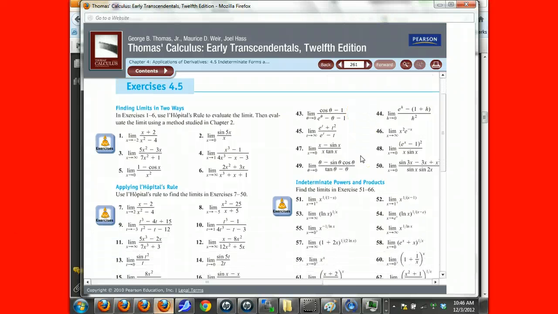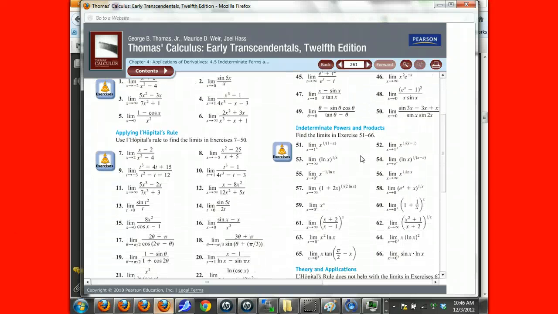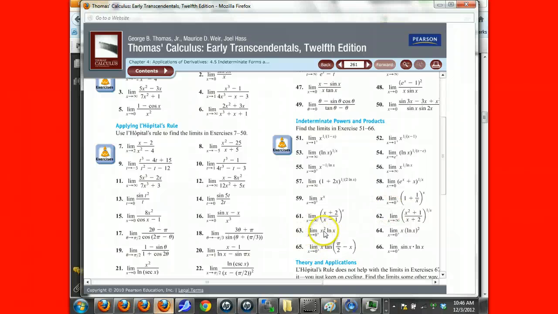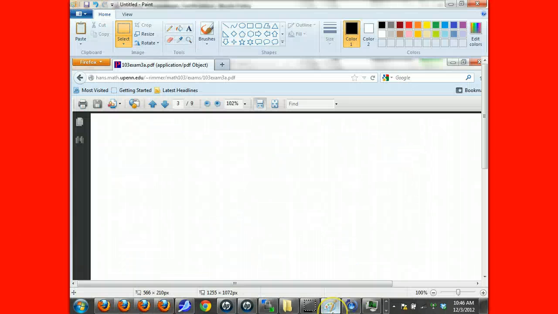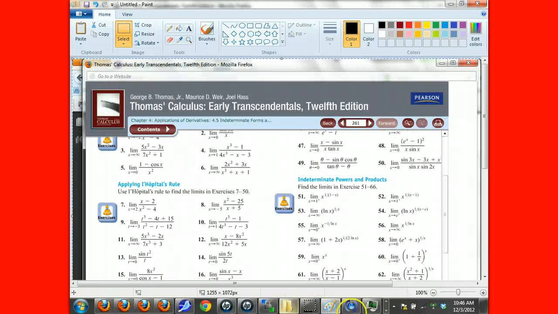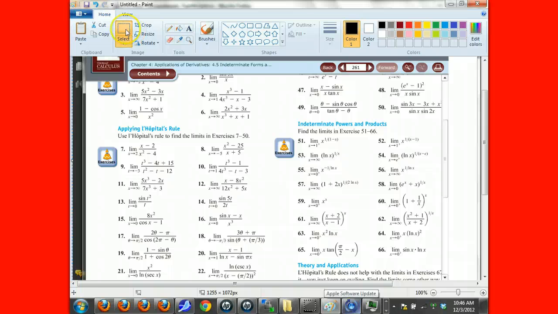What number? X squared times the natural log of x. This is one of those where you have f times 1 over g. 63 is x squared times the natural log of x.